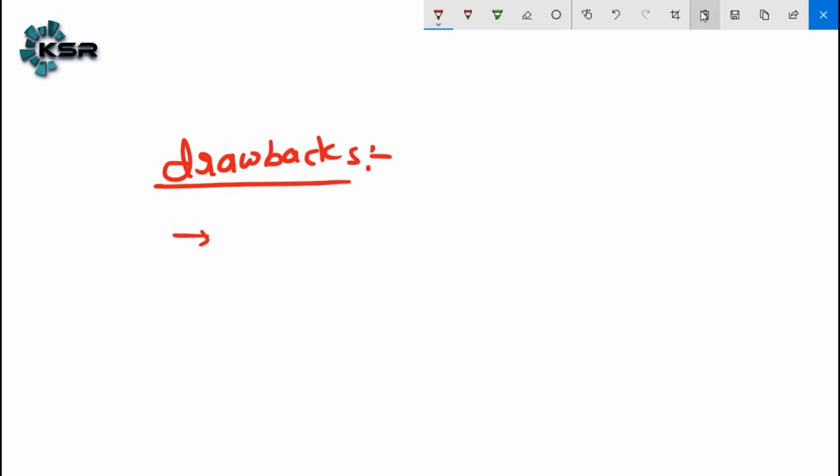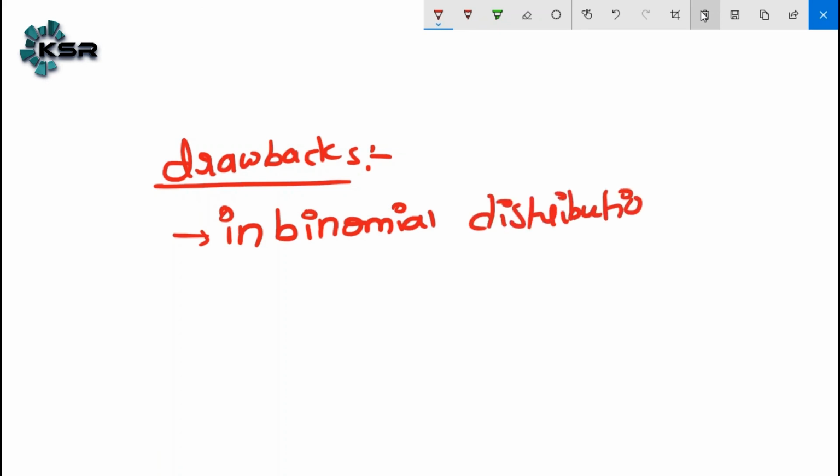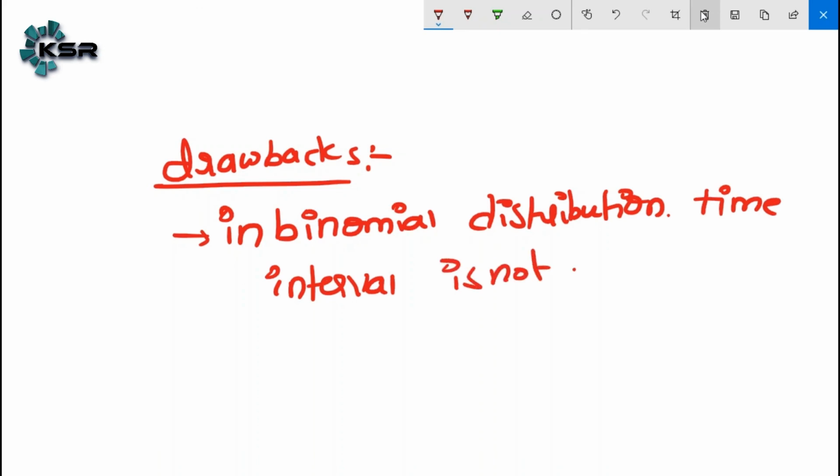In binomial distribution, time interval is not included.